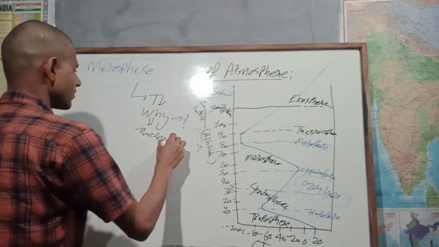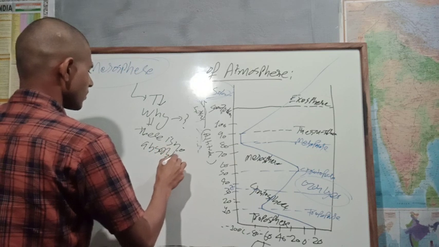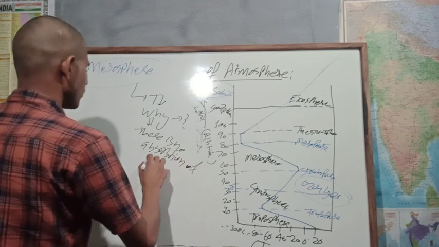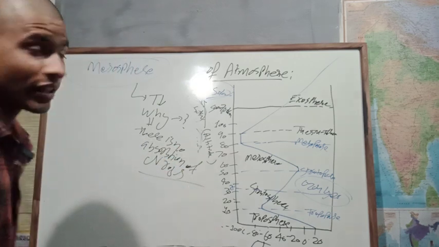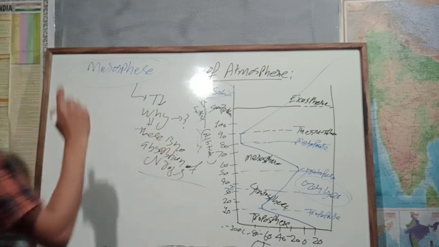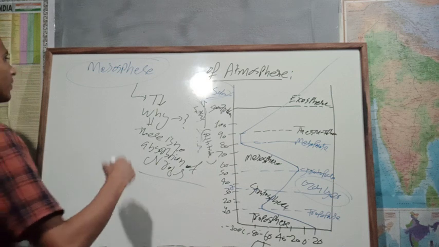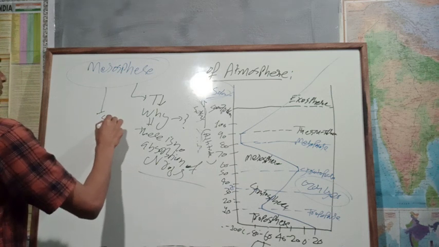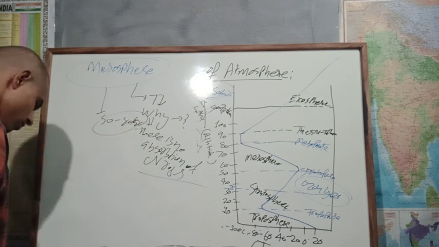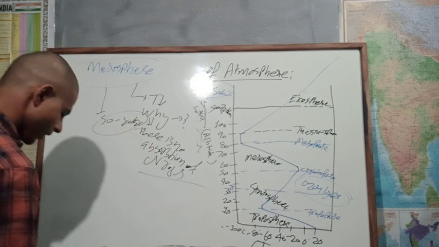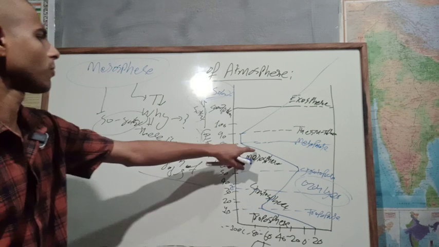There is no absorption of UV rays or any rays. Fine. This is one thing. It is confined to 50 to 80 kilometers, from the stratopause to 80 kilometers.